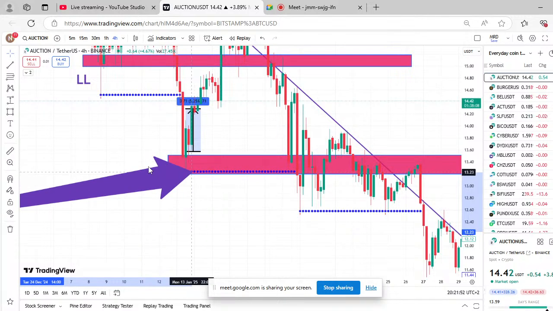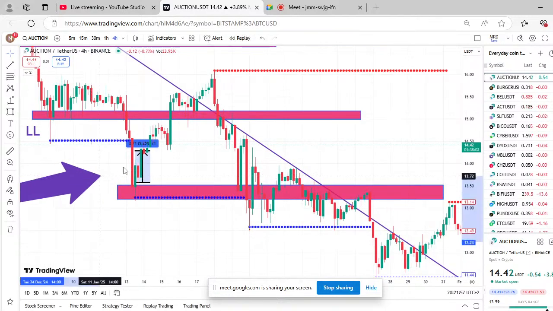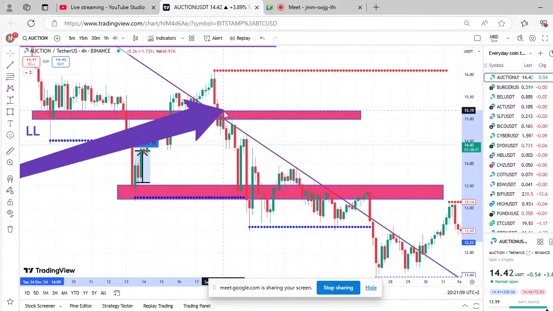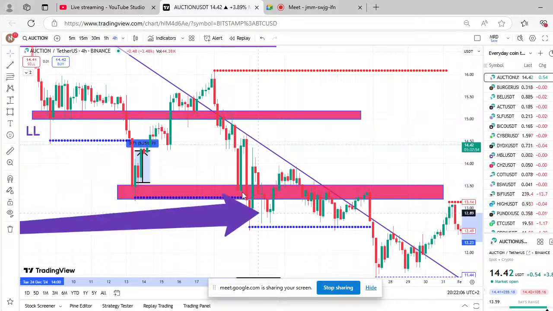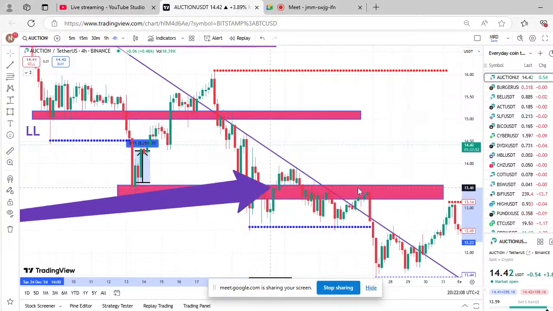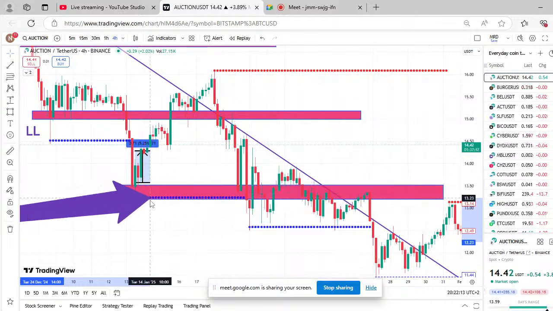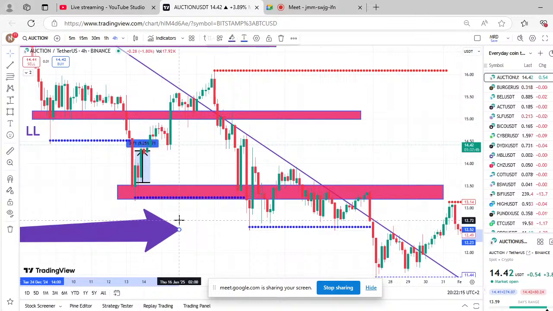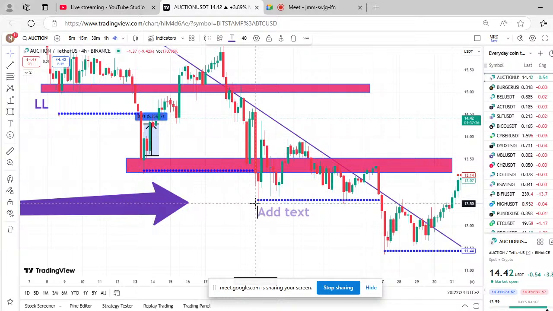This line. Okay, therefore let the market come back from where it is coming from. Be patient enough. Wait for this market to come back down and break this line. So whenever we break, now look for the possible entry points, or look for the lowest wick, whereby that lowest wick will be our new lower low.